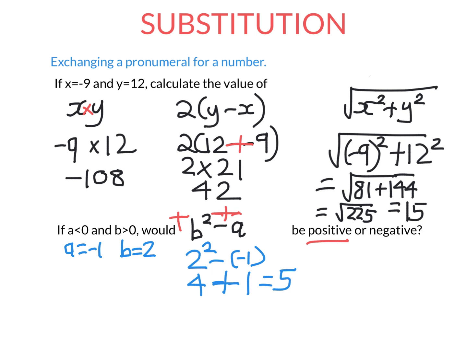It doesn't matter which negative number you choose for a, which positive number you choose for b, this expression will always yield a positive number, as long as a is negative and b is positive.